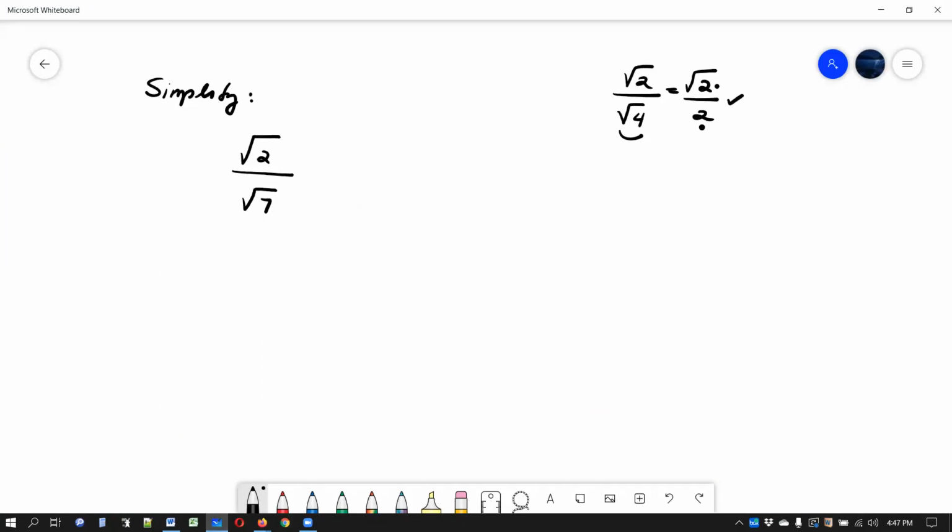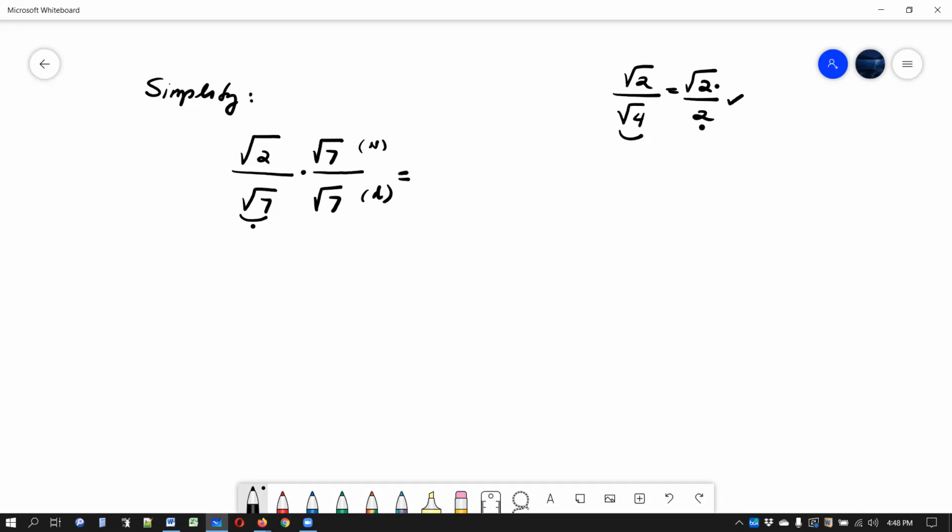This isn't. So in this case, I cannot do that. I cannot simplify radical 7. So the technique is you are going to multiply numerator and denominator by the denominator, whatever it is, radical 7.